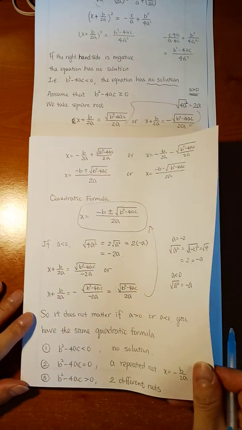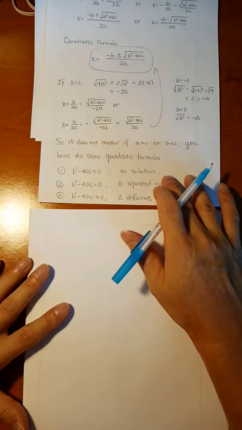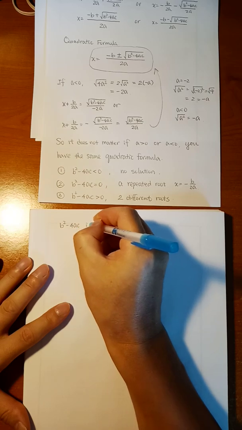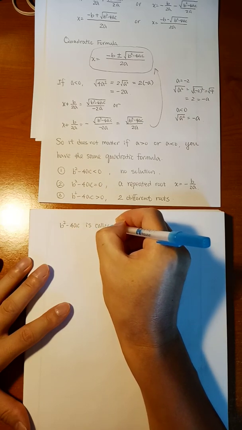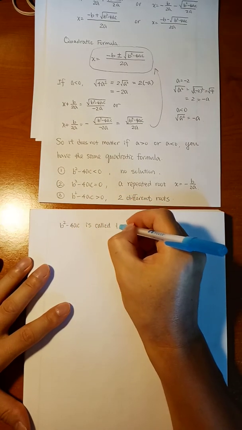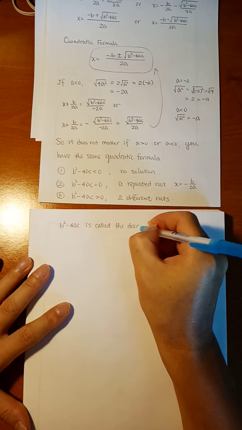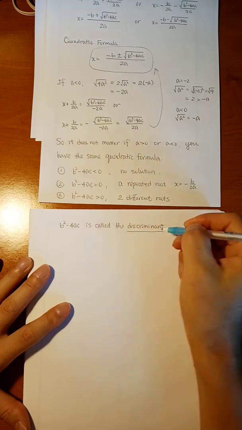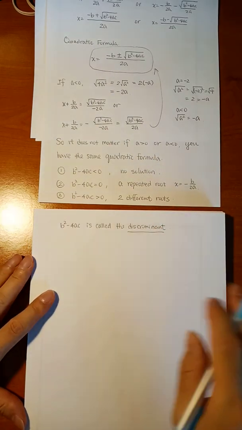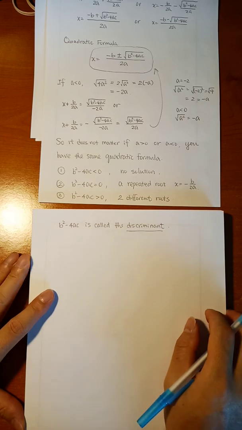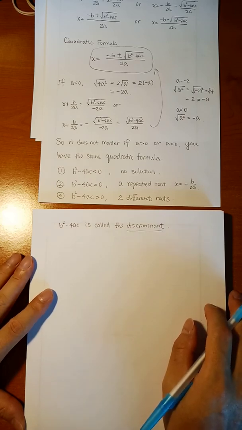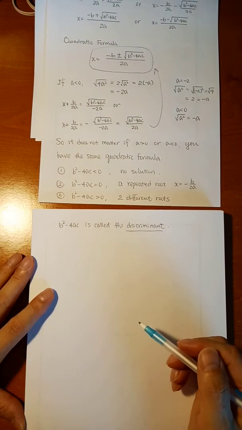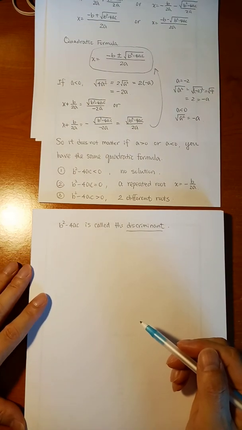It has a name. b squared minus 4ac is called the discriminant. Keep this word in mind. The discriminant is an important quantity for the quadratic equation. It will give you three different cases about the solutions.